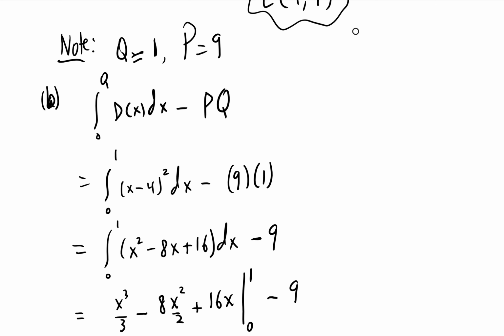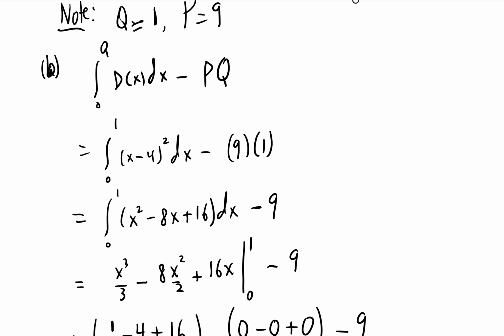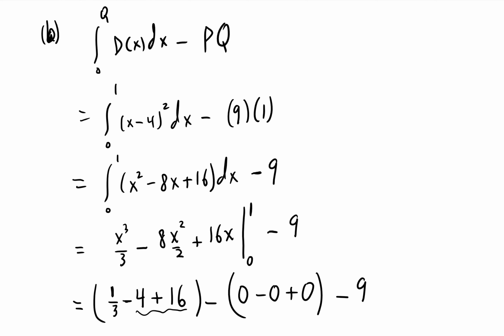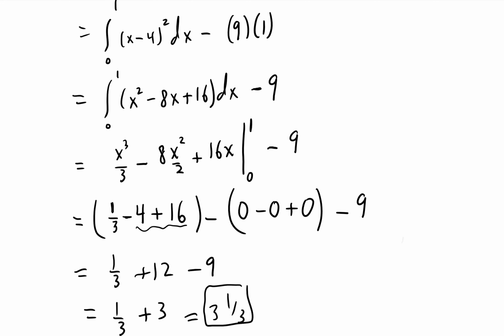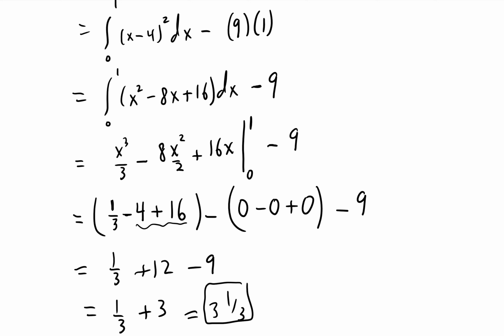So that gives us x cubed over 3 minus 8x squared over 2 plus 16x. So that gives us an answer of 3 1/3.